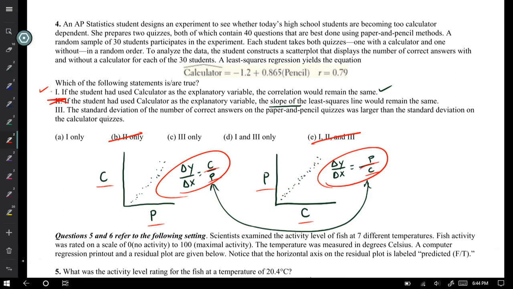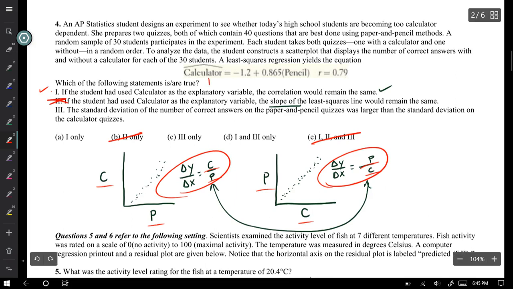Because if 3 is true and 1 is true, it tells us it's D. But if I can distinguish between 3 and 1, then I know it's A. The standard deviation of the number of correct answers on the paper and pencil quizzes was larger than the standard deviation on the calculator quizzes. So now we have to think about this.